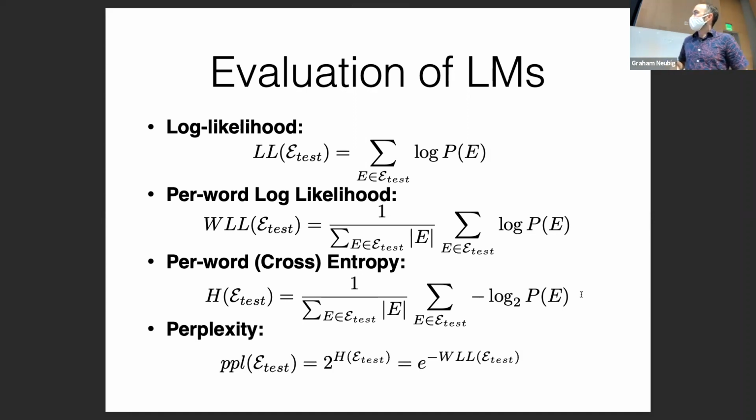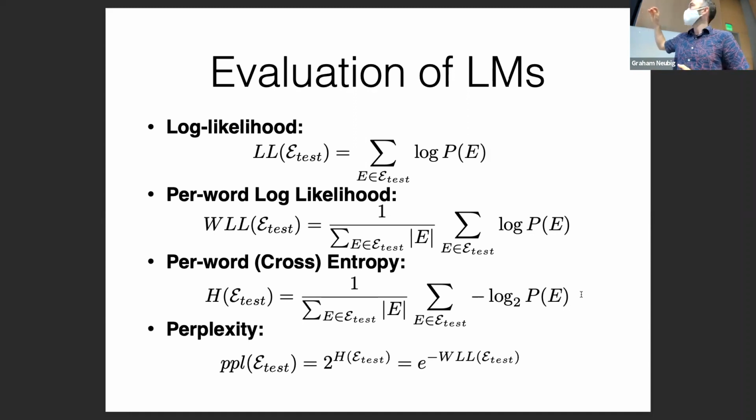Then the final thing is perplexity. This is probably the most common thing that you see in papers on language modeling. Perplexity is taking the per word cross entropy or per word log likelihood and exponentiating it appropriately.